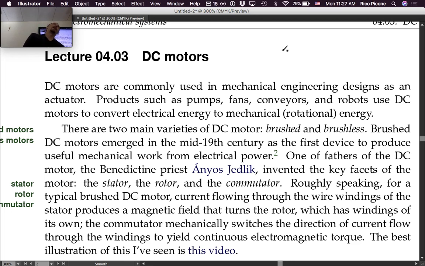So we're going to think about this in terms of the DC motor because I think it's much more common for a mechanical engineer to need to actuate something than to harvest energy from something, but both of them are possible. I think they both happen, and you need to be able to work either way. You can just think about all the stuff that we're doing here as being reversed for a generator.